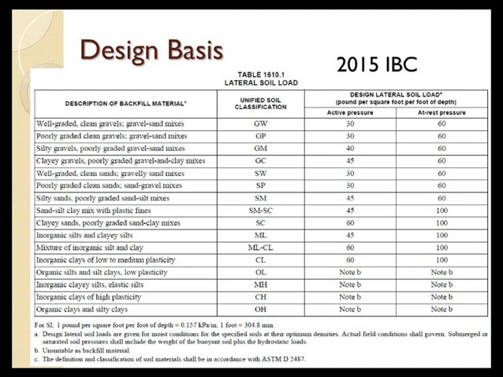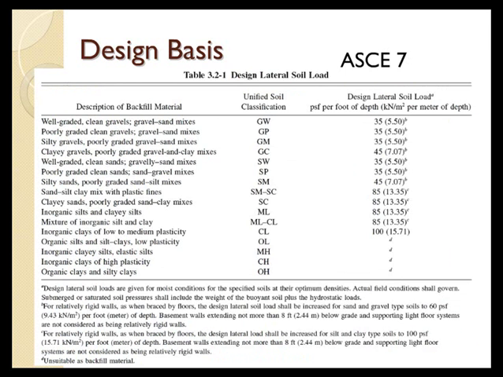So moving on to the specific design pressures, whether we're looking at the at-rest or active earth pressures. The IBC lists these out for us, and of course they do vary depending upon what type of backfill soils we have, and again, depending upon whether we have active earth pressures or at-rest earth pressures. Now, I did also want to mention what's in ASCE 7, which has a very similar table to what's in the IBC for these different types of soils and the resulting at-rest or active earth pressures.